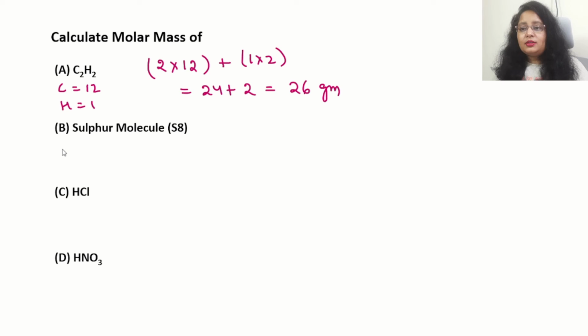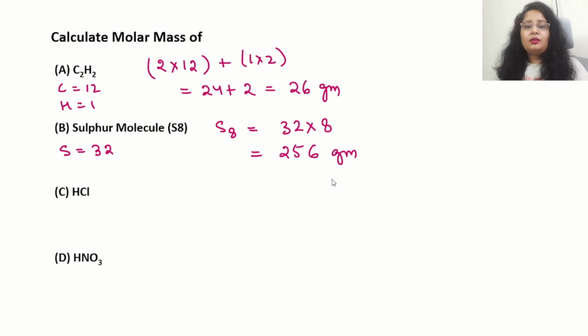The second one is S8. We knew sulfur's atomic mass is 32. Now here sulfur is in the form of 8 atoms, that is the sulfur molecule. Sulfur molecule means 32 into 8, so 256 gram.